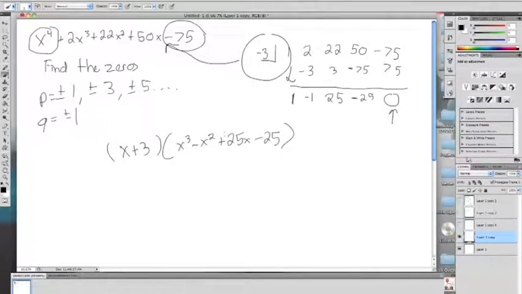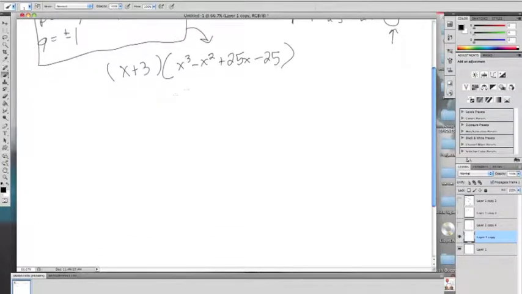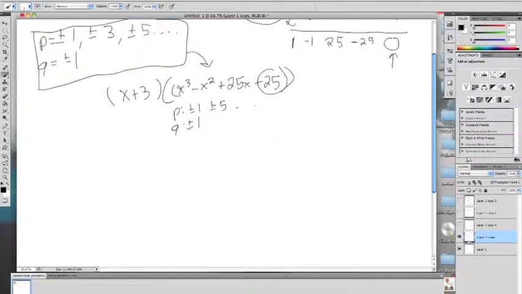now you would repeat the same step we used for this one for this equation. So we would again write down all the possible p's, which would be the factors of this. That's plus or minus 1, plus or minus 5, and so on. And q would be the factors of the leading coefficient, which is 1, so plus or minus 1. And try again. Do the synthetic division again for this one.